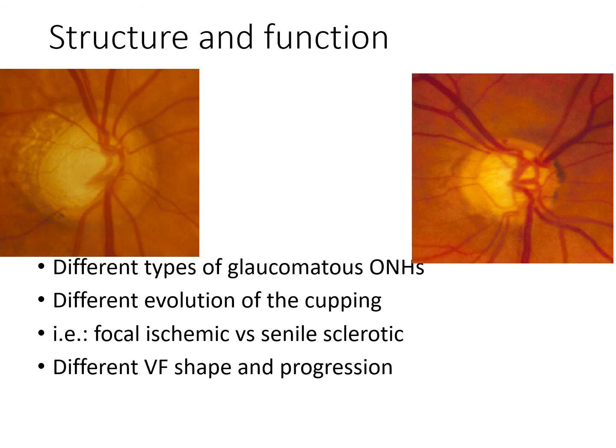senile sclerotic and ischemic optic discs, with hemorrhages, with notching, with lamina cribrosa evident, parapapillary atrophy. Probably these two types of glaucoma have different visual field damage.